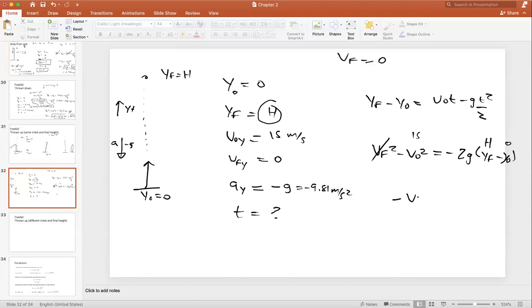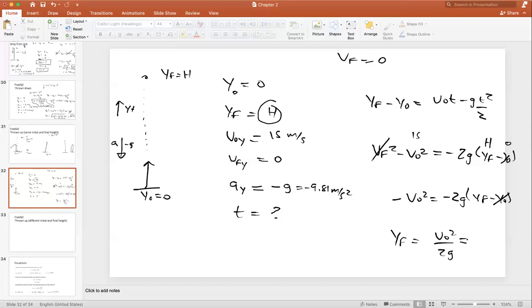So I get negative v naught squared is minus 2g times y final minus y initial. Remember, I'm looking for y final, and y initial is 0, so I'm going to get rid of that. And I get that y final is v naught squared over 2g.